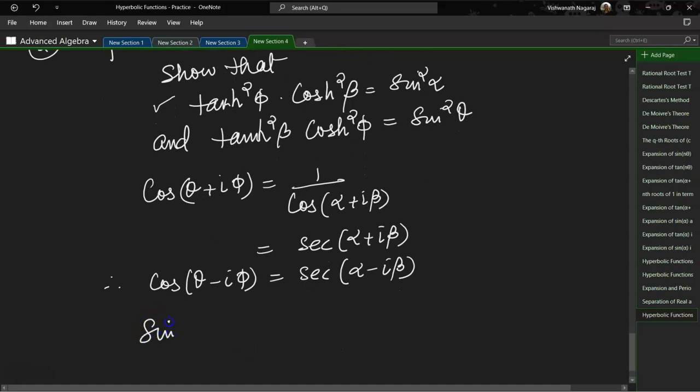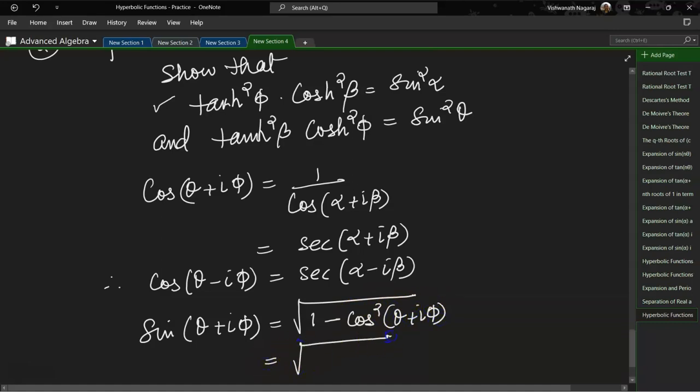Now we have seen cos. Now let's look at sine. Sine of theta plus I phi is equal to, remember sine square theta plus cos square theta is equal to 1, so square root of 1 minus cos square of theta plus I phi, which would be equal to square root of 1 minus, remember cos of theta plus I phi is equal to sec of alpha plus I beta, so I can write it as sec square of alpha plus I beta.